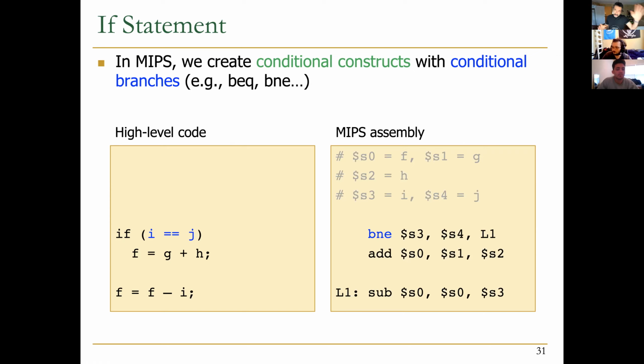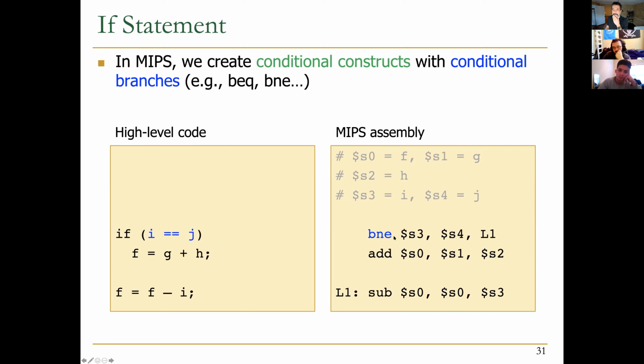Otherwise, we don't want to execute it. So essentially it is a decision whether we want to branch after a set of instructions in the program or not. If the condition is met, we want to execute some instructions in the if part. If the condition isn't met, we want to skip that. Very simple.